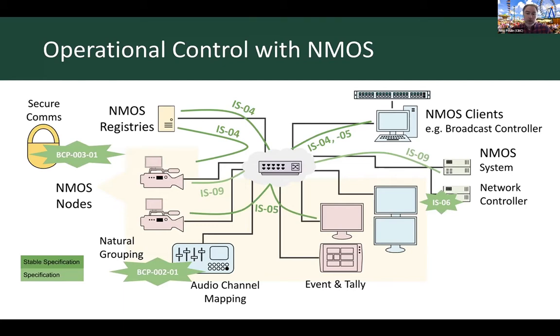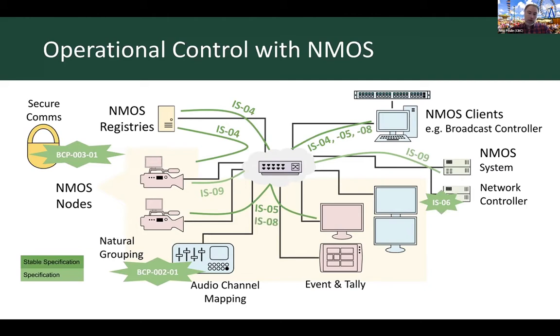So IS-05 is there to tell the receiver to join a certain multicast address and to patch an SDP of the source, that of the sender, that contains a number of parameters like its format. So until this point, we have the equivalent of an SDI router. We can establish connections between sources and destinations.